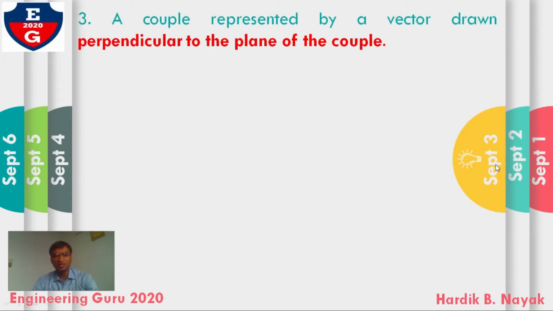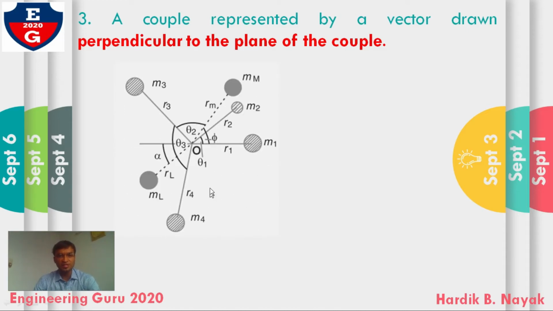Now step 3, a couple is represented by a vector drawn perpendicular to the plane of the couple. Here you can see the angular position of masses. Here you can see masses M1, M2, M3, M4, and here you can see the masses ML and MM.